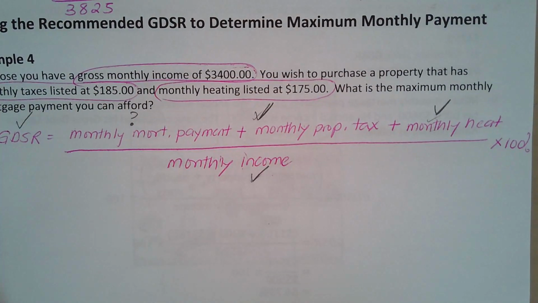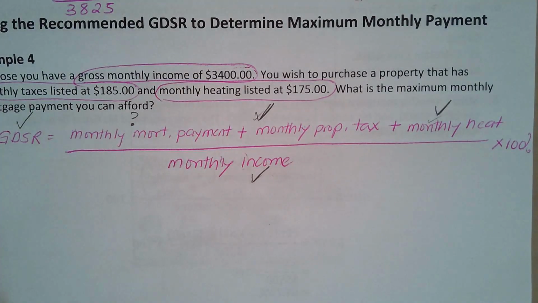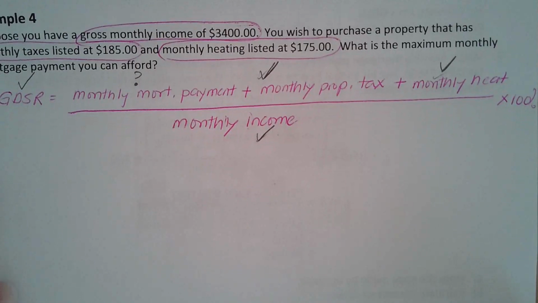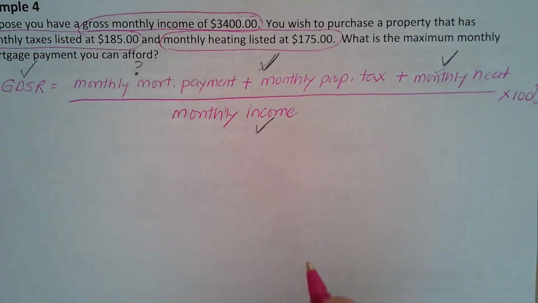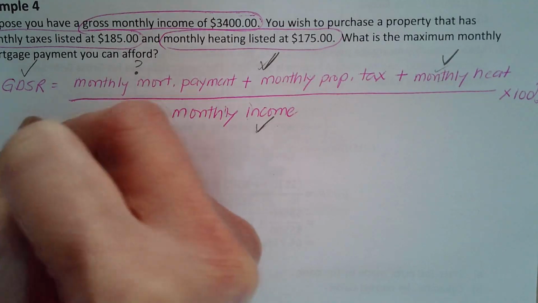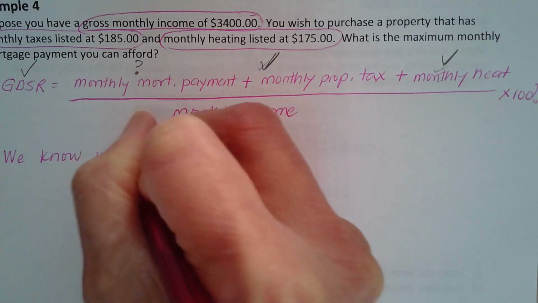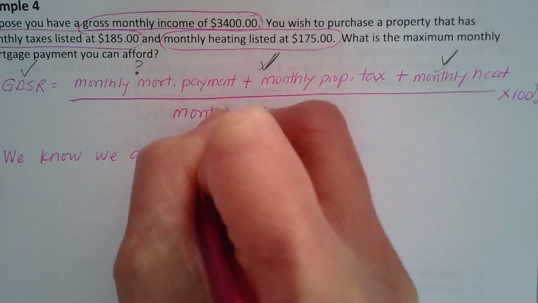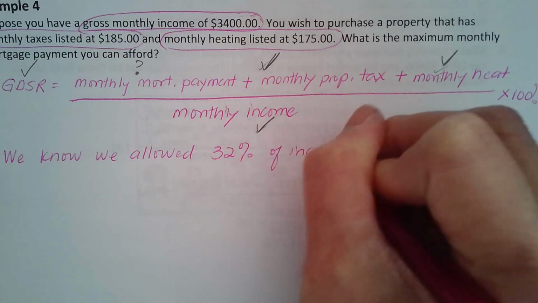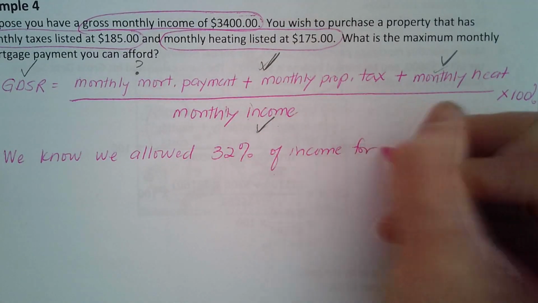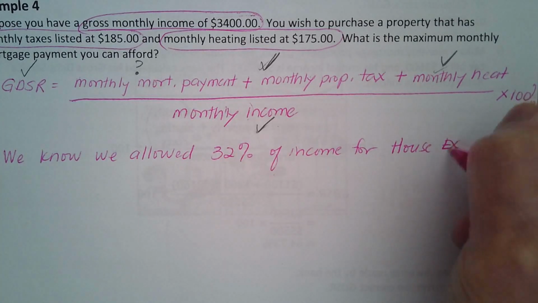Okay? So how can we figure out how much mortgage payment we are allowed? This is how I would think about this. We know we are allowed 32% of income for house expenses, right?